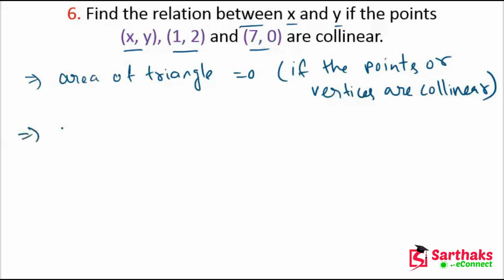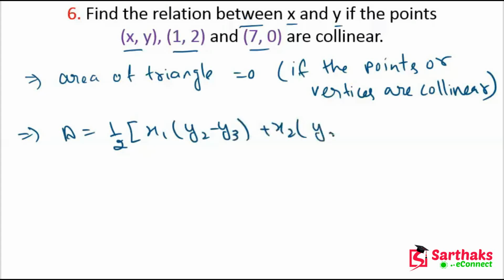Okay. So my dear friends, we have the points (x, y), (1, 2) and (7, 0). So we have the formula 1 upon 2 into x1 (y2 minus y3) plus x2 (y3 minus y1) plus x3 (y1 minus y2). I hope you understand this. This is the formula.